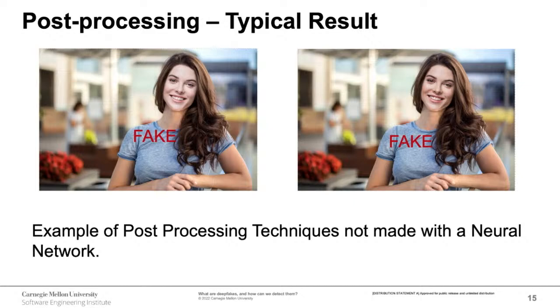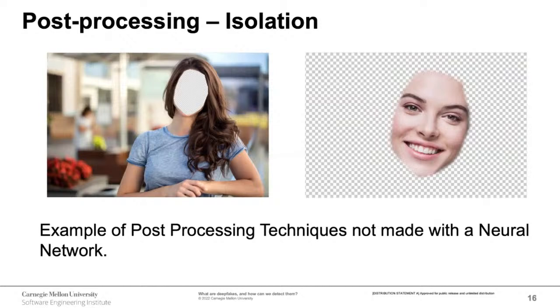But how can we improve on that? Well, it all starts with how you actually create deepfakes. There's a lot of post-processing that happens with the algorithm, as well as if you're going to interject the art. So Shannon, can you talk to us a little bit about how the algorithm is handling this type of isolation? Sure. In both the art and the algorithm, one thing we really need to focus on is extracting the face.